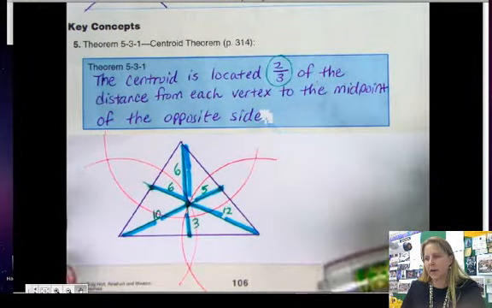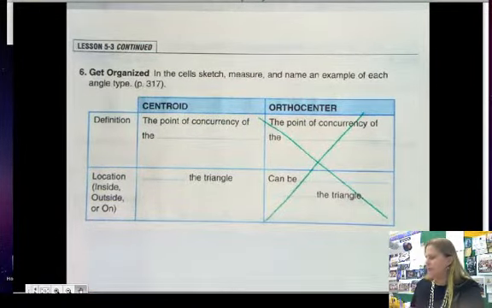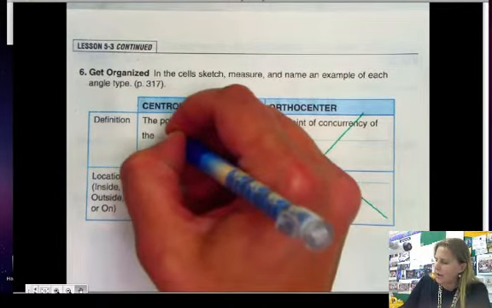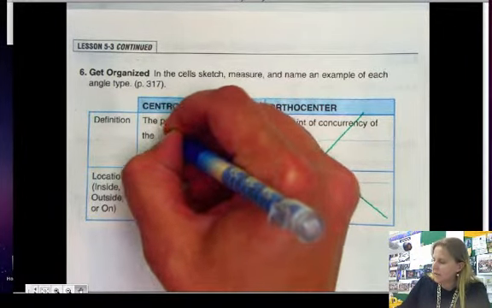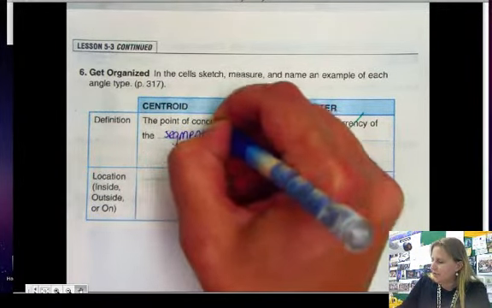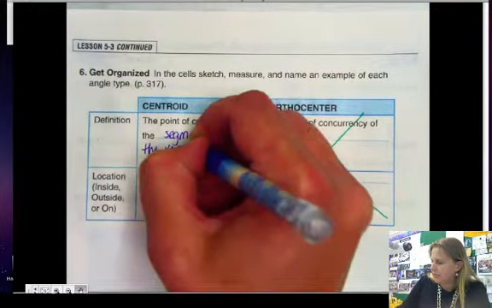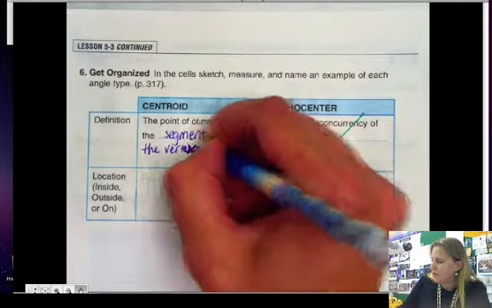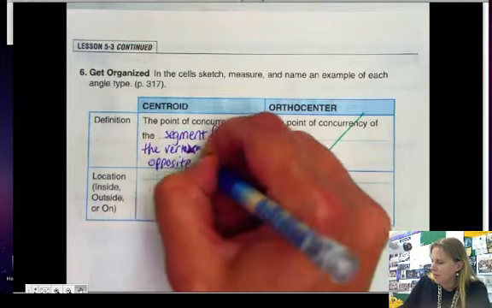Like I said, we're not going to bother with the orthocenter. So if you take a look here, we're going to cross off orthocenter. The centroid is the point of concurrency of the medians, which are a segment from the vertex to the opposite midpoint.